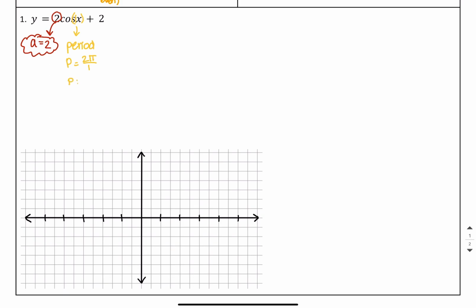So it's just going to be like it is in the parent function, which is 2 pi. And then I see a plus 2 on the outside, which means up 2. So I'm going to add 2 to every y value.